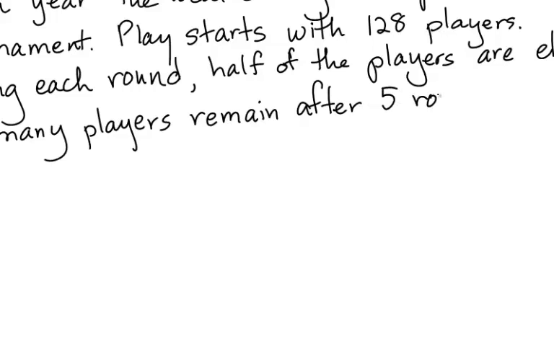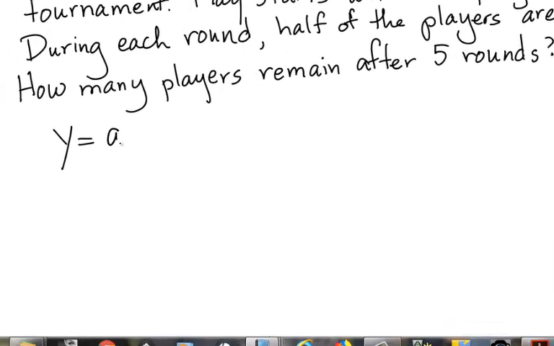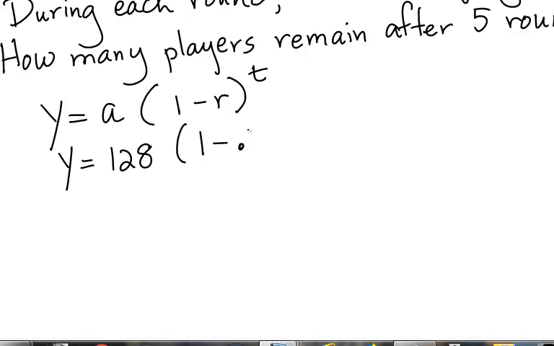You could actually probably just do the arithmetic on this one, but I'm going to give you the idea. On this same formula, y equals, except now it's a minus sign: 1 minus r to the t power. The initial amount is 128 minus 50%. You're losing 50% or 0.5, right?